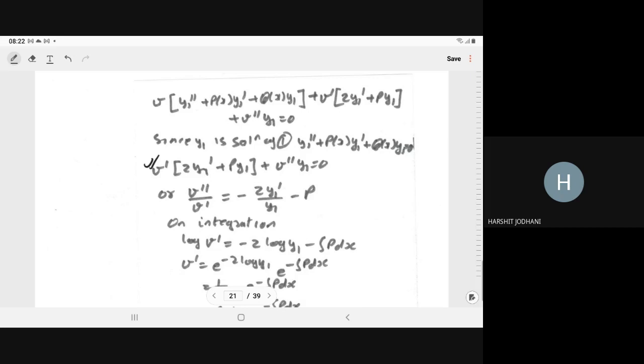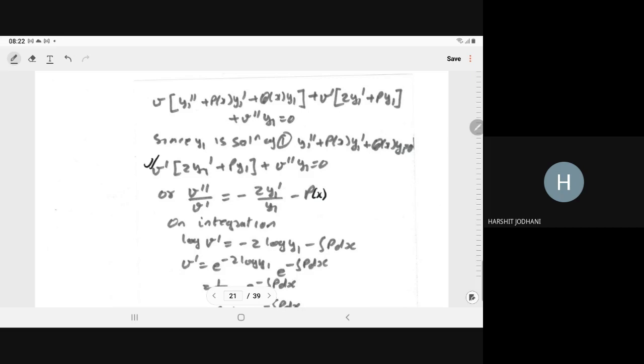When we separate the variables, we have v double dash upon v dash is equal to minus 2y1 dash upon y1 minus p, where p is a function of x.